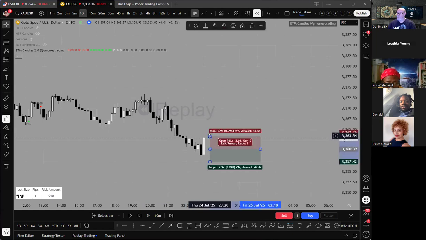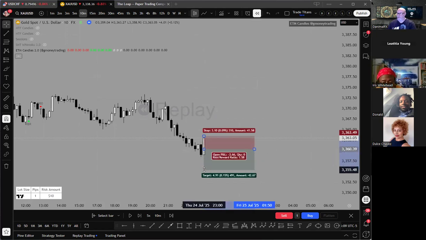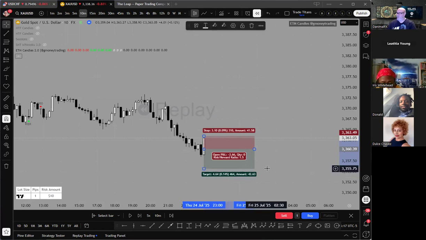My stop loss would have been above this rally-base-rally, which is somewhere up in there. And let's see if I can move that over. There we go. And then I would take my take profit, either 1 or 2 to 1. We'll go for a 1.5 to 1. My risk management, I choose 1.5 to 1s, 2 to 1s, or 3 to 1s. Those are the moves I look for.